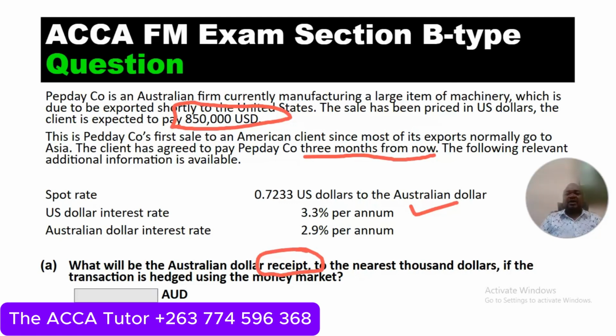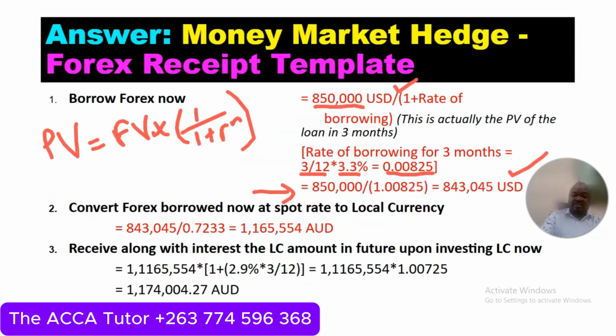In this case, you can see that the rate is actually 0.7233 dollars per AUD. So the AUD is the base currency, and we want to convert the USD into the base currency. Therefore, we have to divide.